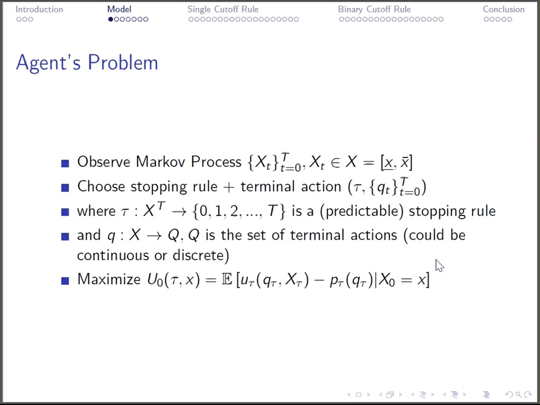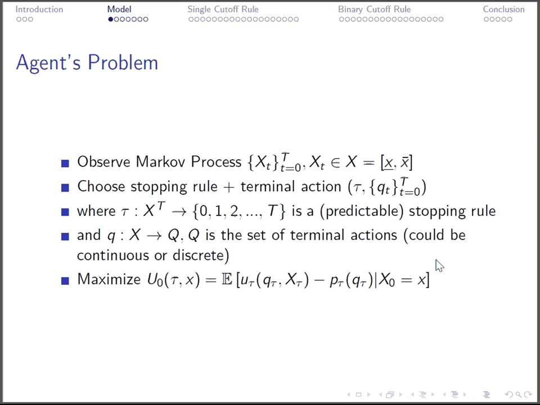It maps from the stochastic process to a stopping time. It is what I call a predictable stopping rule, means she can only use information before she stops, and she cannot use information after she stops.